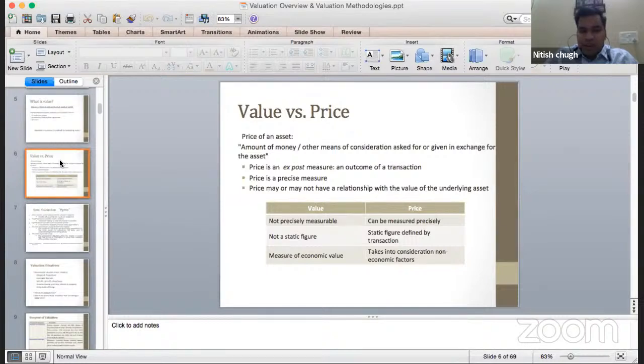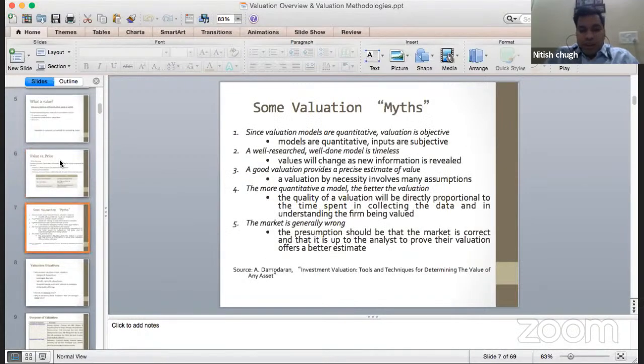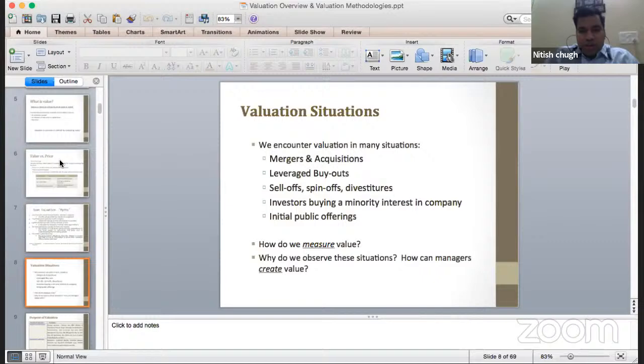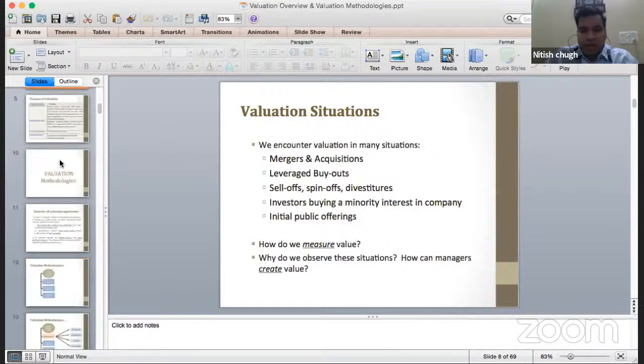Price is an ex post measure, a precise measure, whereas valuation or value is an estimate and not a static figure. We have busted some myths relating to valuation as well, and we have encountered various situations in which valuations are required. We have gone through in detail the LBOs, MBOs, sell-offs, spins, IPOs, how we can create value in these situations.